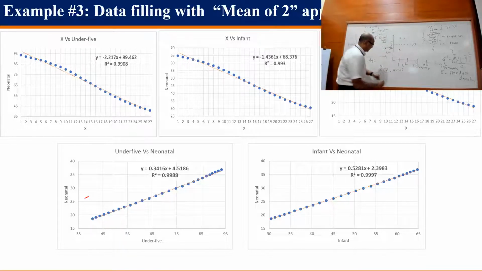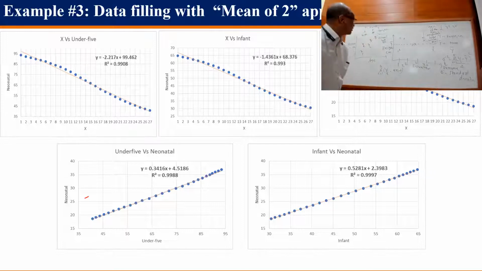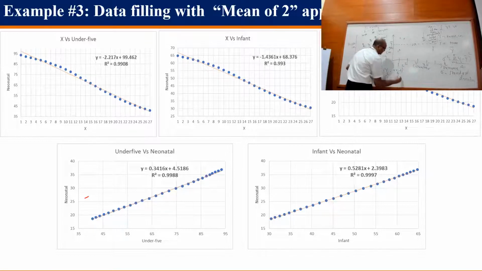So let's say this is the SR, some residual. Now the ST, the original residual, was sigma i equal to 1 to n, yi minus y bar whole square.